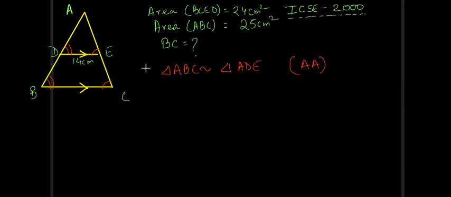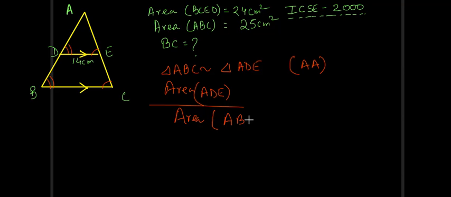Now I can easily say that area of ADE by area of ABC is equal to DE square by BC square.